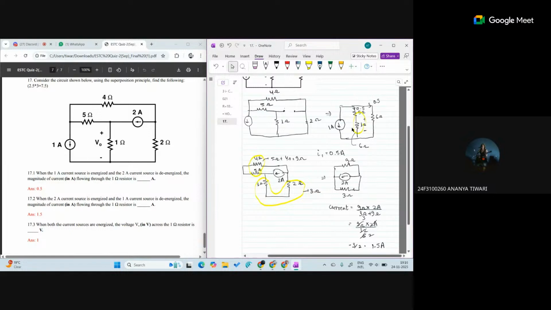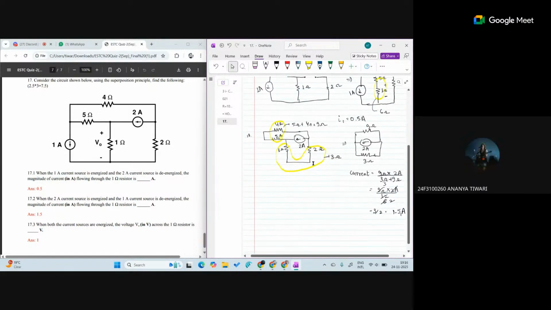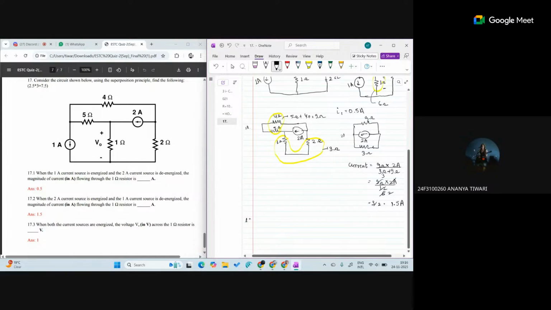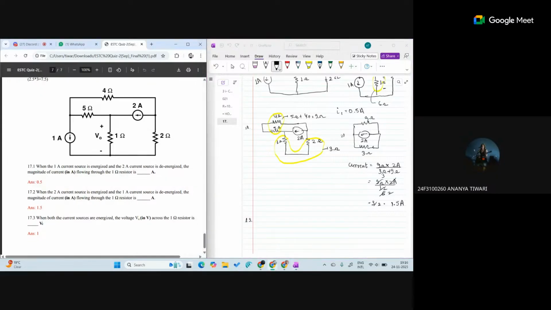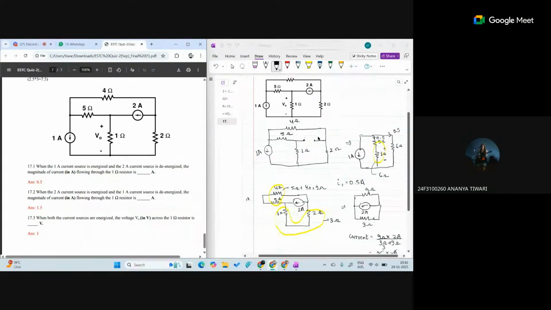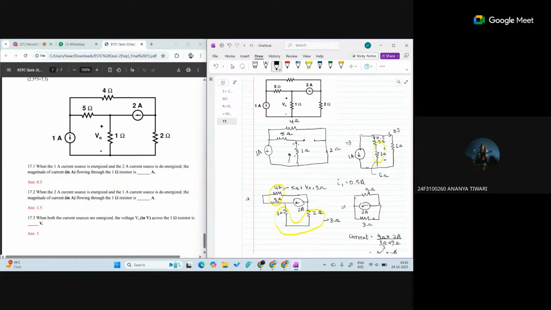Is this okay? Yes, ma'am. Okay. Now in this last question, it is asked to find the voltage across this, V naught. So if you see in the first question, the current was in this direction. If we take the direction of current as I, here we found the current I equals minus 0.5.